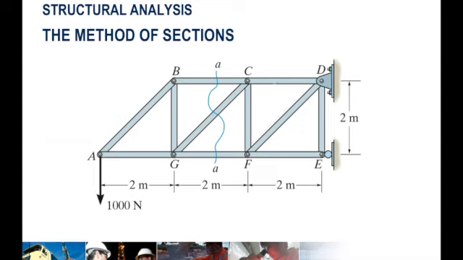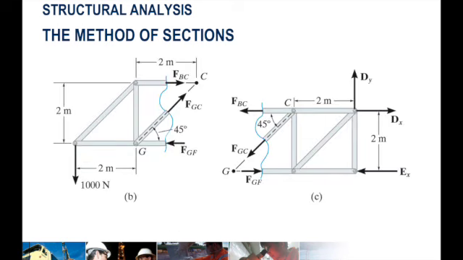So what is the difference between method of joints and method of sections? So in the method of joints, look here in our example, we divided the truss in segments.